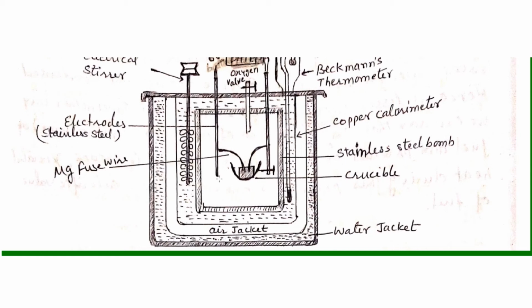During the experiment we also add 10 ml of distilled water, so that the water will react with the sulfur oxide and make sulfuric acid, so that corrosion will not take place. That's why the inner lining is made from platinum.